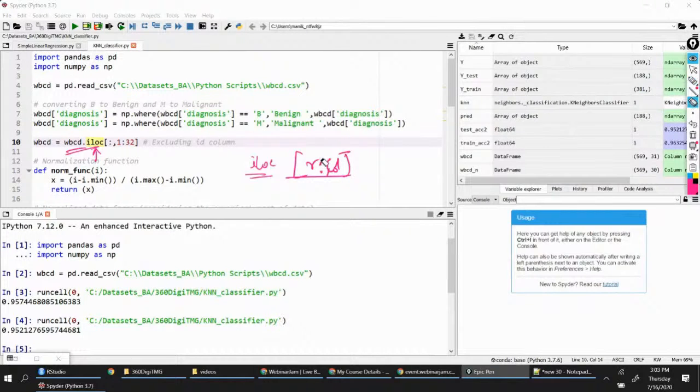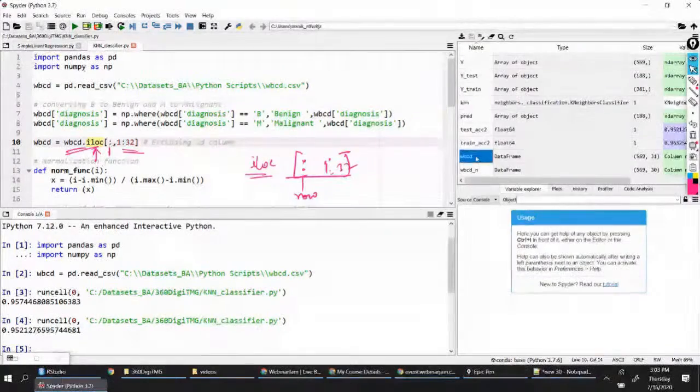So if you observe here, I'm first saying row, there's nothing, just a colon. That means it is a row representation. And then we have the column. Right? This is the column data. And index always starts from 0. In Python, remember, index starts from 0.